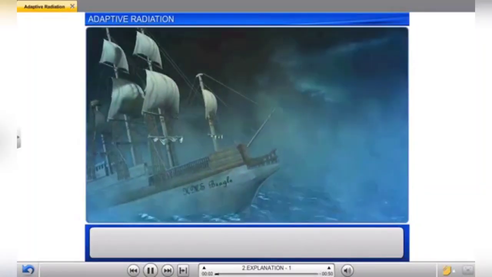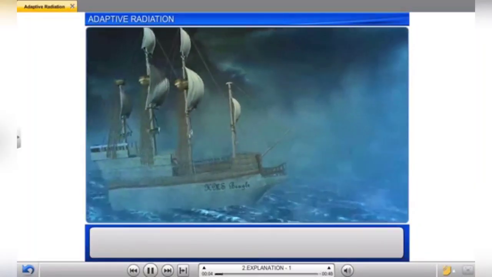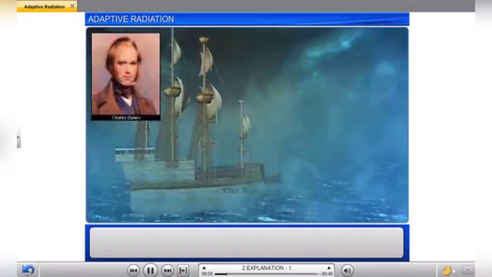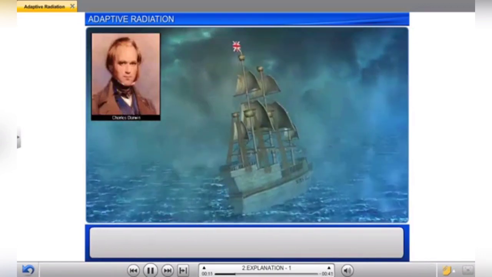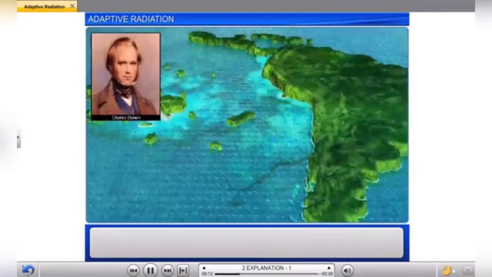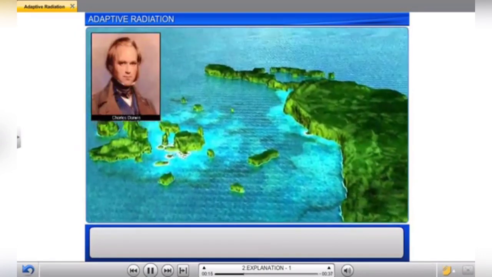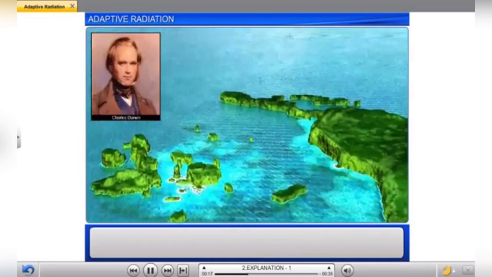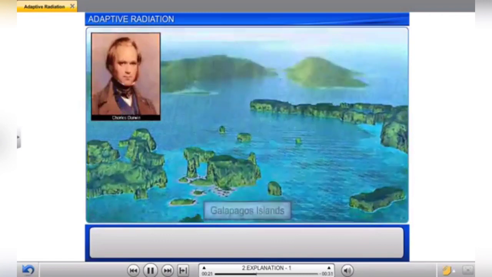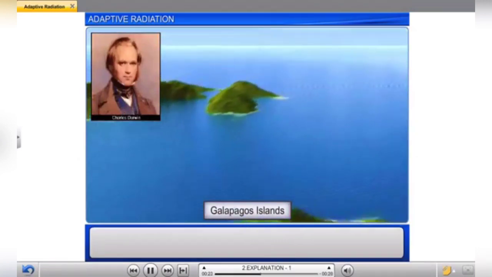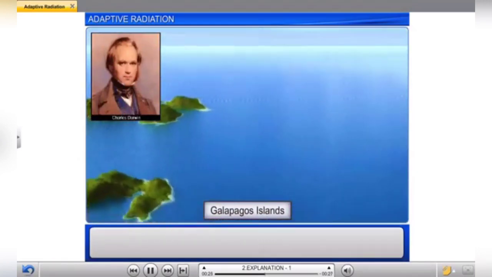During his long expedition on the HMS Beagle, Charles Darwin carried out several interesting studies on the geology of different places. One of the observations crucial to his theory of evolution was made on the Galapagos Islands, which are near the equator in the Pacific Ocean.